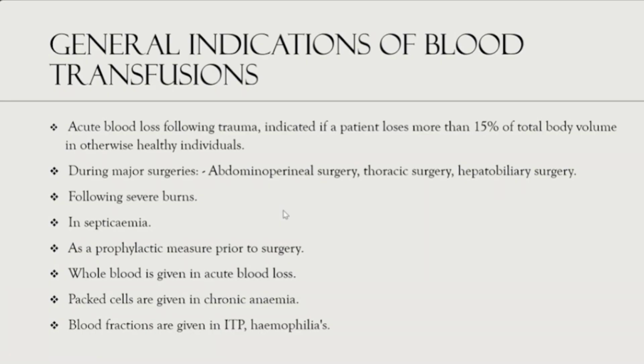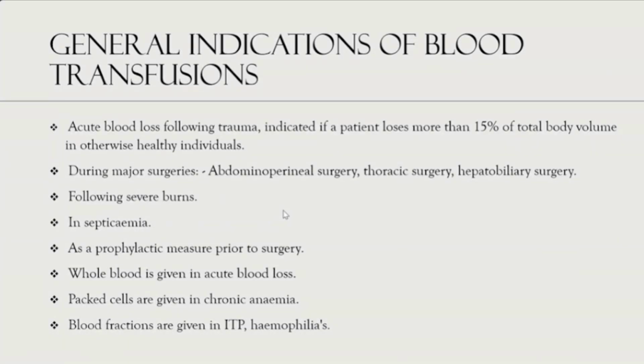So they also give this blood as a prophylactic measure before surgery, so that the person does not lose a lot of blood and perhaps blackout. So we have whole blood, which is also given in acute blood loss. Then packed cells are usually given in chronic anemias, in old people, in children, in people with thalassemias. We usually prefer packed cells.